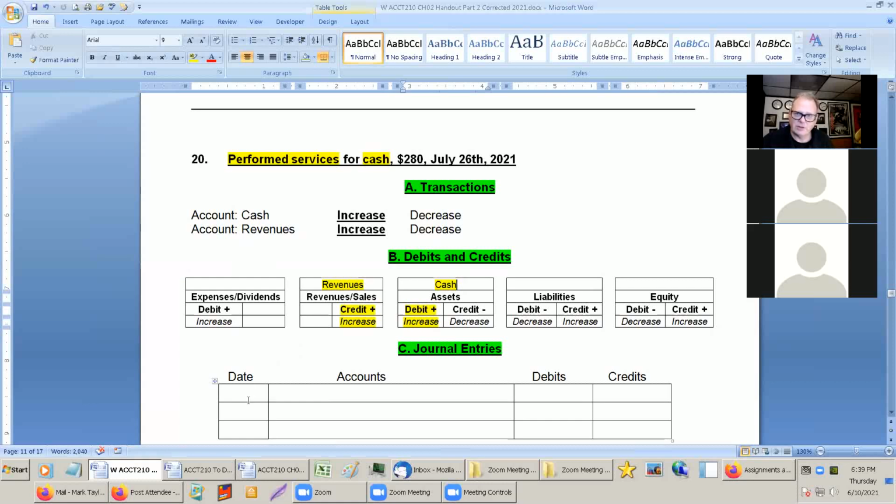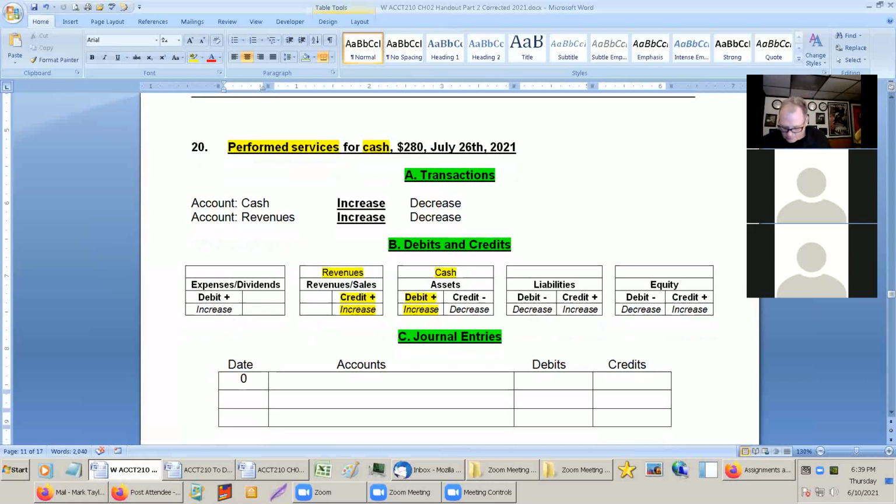You know, if they gave you a potted plant, whatever it is. Okay, so cash is going up. Revenues are always going up.